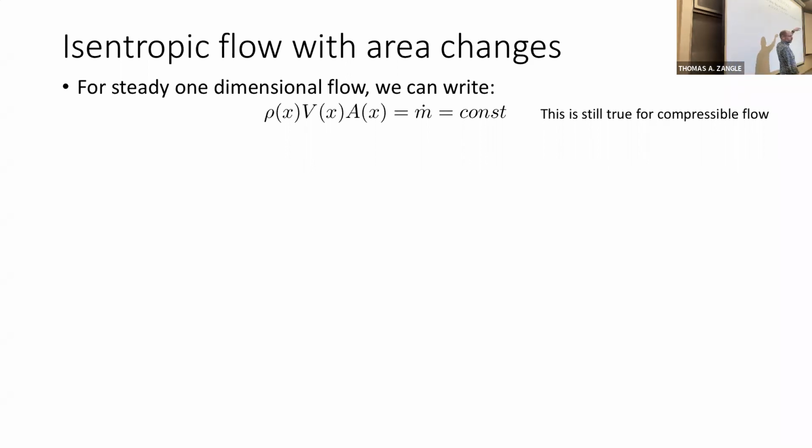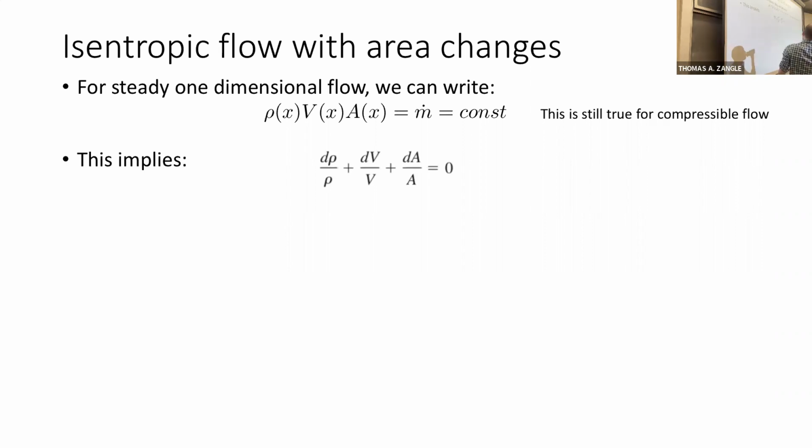This expression of mass conservation holds. Now, rho is a function of our position through the system, right? Density can vary as the flow varies. Area varies because that's how we set up the problem. We said we're moving through a nozzle with variable area. Velocity varies. We're used to that from incompressible flow. But now density can also vary as we move through the system.